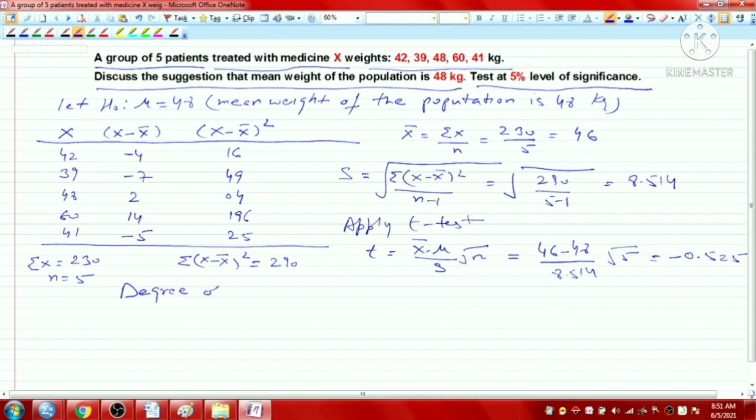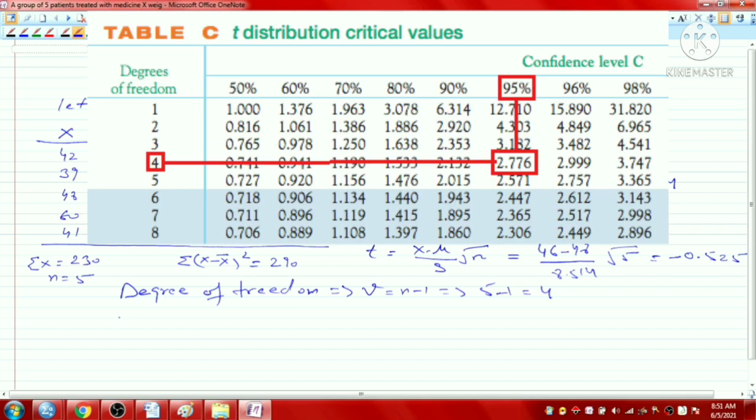Now the degree of freedom for the t-test is number of observations minus 1, meaning nu equals n minus 1 equals 5 minus 1 equals 4. So degree of freedom nu equals 4.